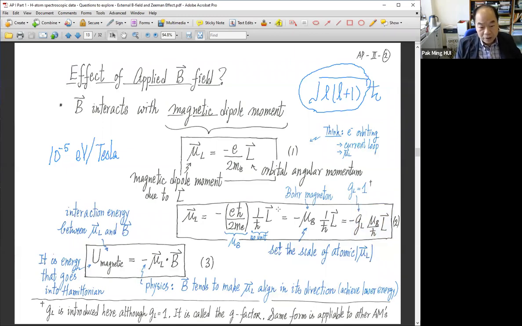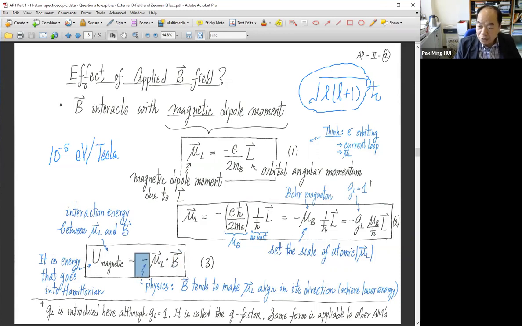Second point, now you have a magnetic dipole moment. Classical EM tells us that there will be an interaction energy between the magnetic dipole moment and the external B field, a dot product, and there is a minus sign here.